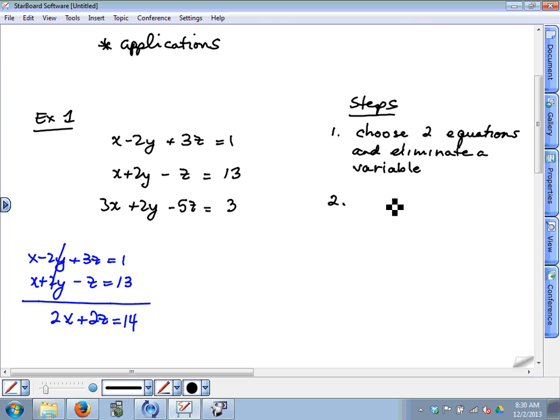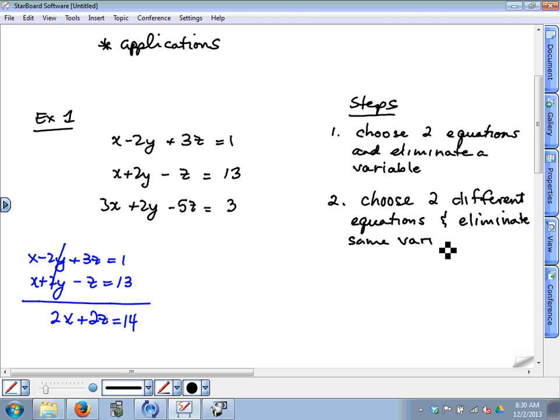Okay, step 2 is to choose 2 different equations, of the original equations I'm talking about, 2 different equations. And this next part is important, and eliminate the same variable. Same variable from step 1.